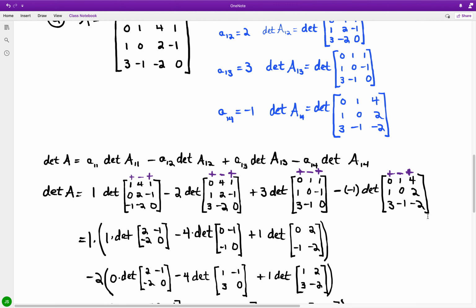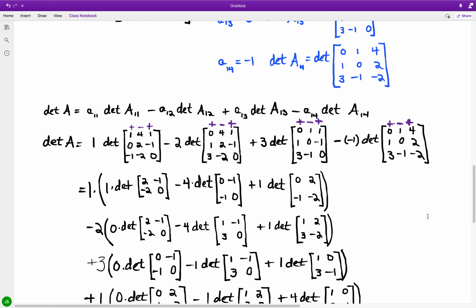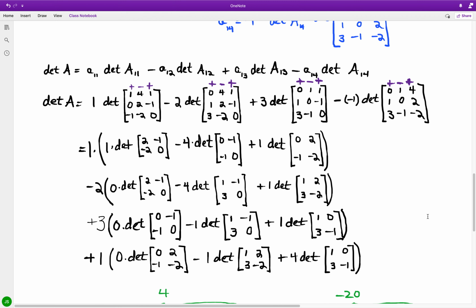So we repeat the procedure in the following steps as we did in the prior case. For the first setup, I have 1 times the determinant. Covering up the top row and first column, I have exposed 2, negative 1, negative 2, 0.